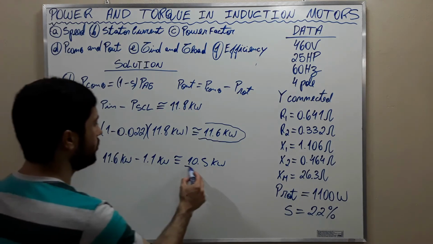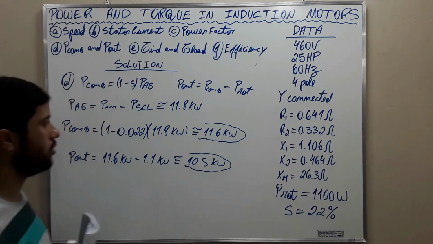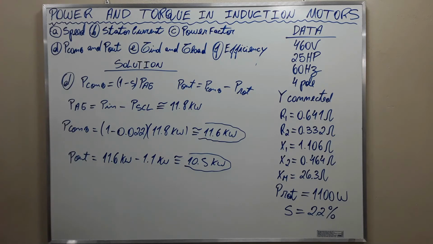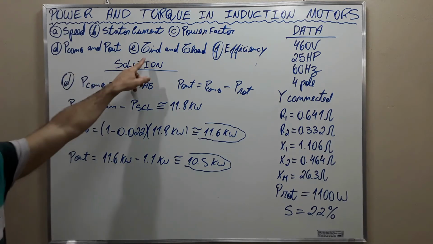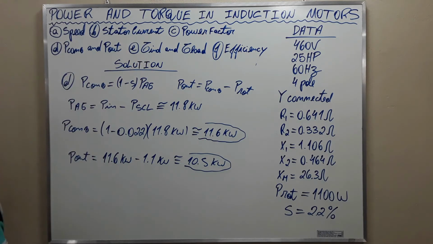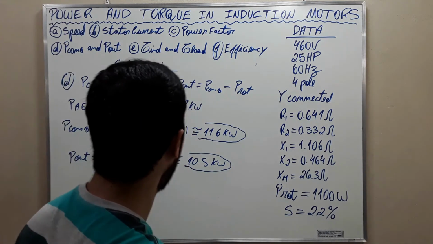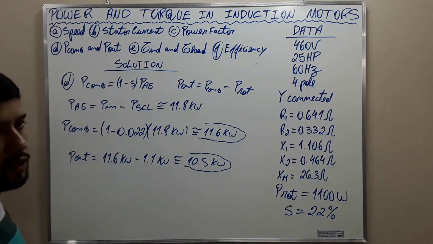So these two are the results of letter D, the powers. Now let's go to letter E, which talks about the torques, the induced torque and the torque delivered to the load.